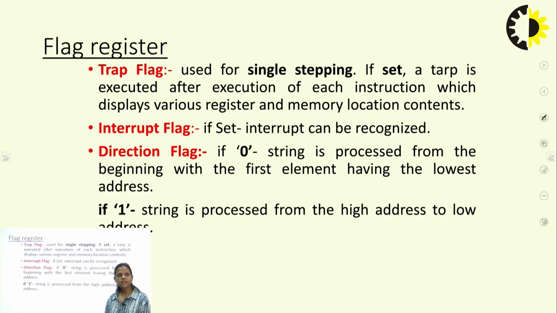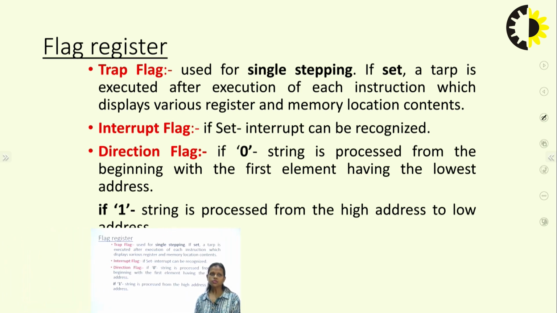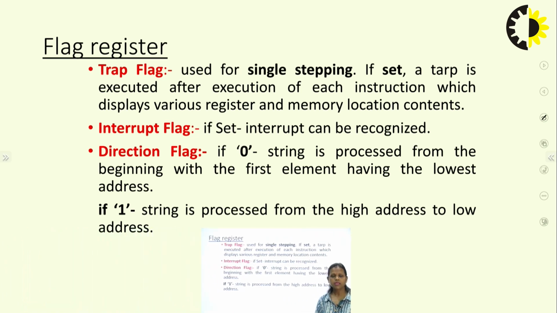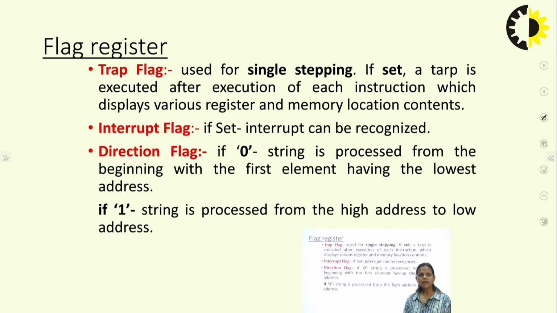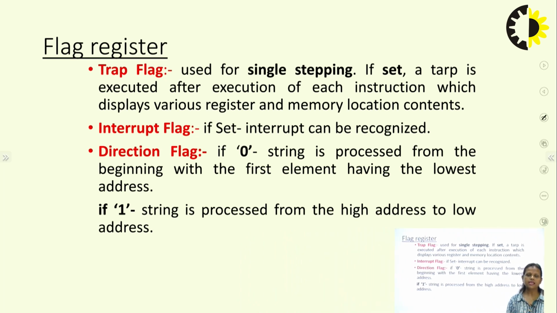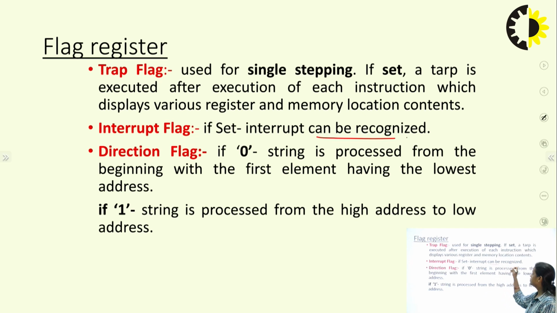Now coming to the trap flag, it is used for single stepping. If it is set, a trap is executed after execution of each instruction, which displays various registers and memory location content. So if the trap is set, it means after every execution you can check your result. Then interrupt flag, if it is set, then only the interrupts will be recognized.